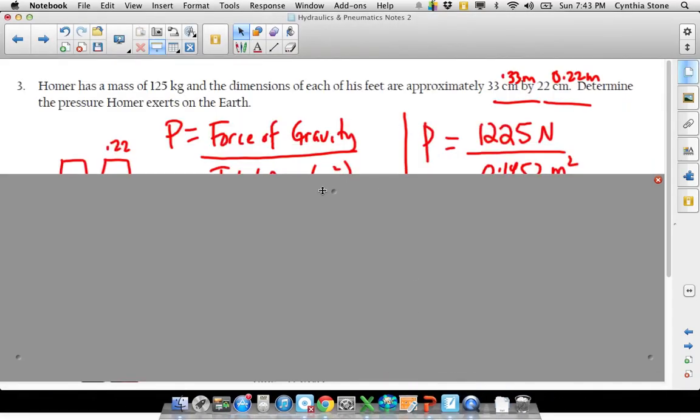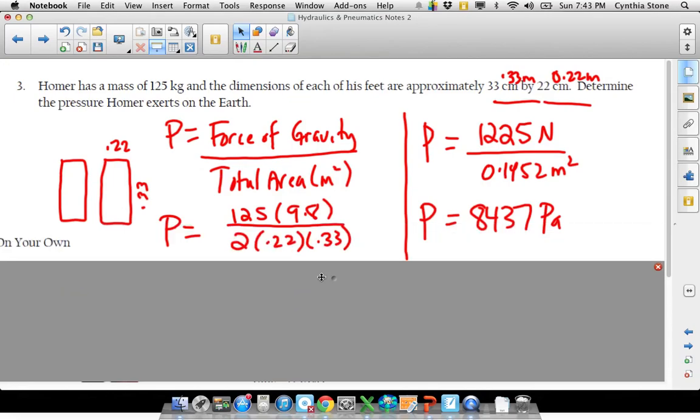Anyway, here's the answer. Pressure is force of gravity divided by area. We're going to use meters squared, of course. If you look at my calculation, there's the mass times 9.8. That's the force of gravity. Then I put those in meters, 0.22 by 0.33, multiplied by 2 at the bottom because the total area is 2 feet. And you get the pressure.